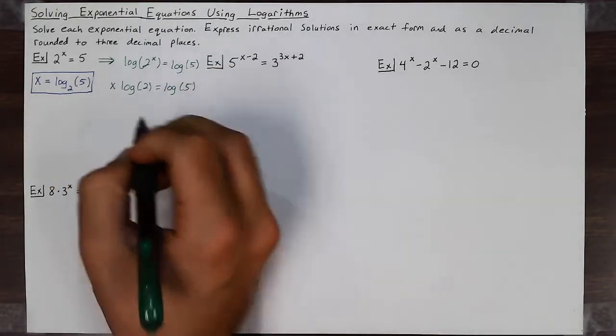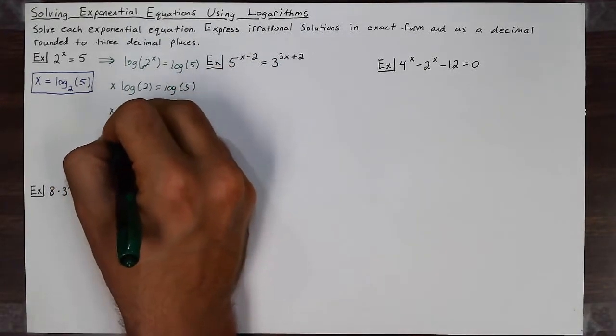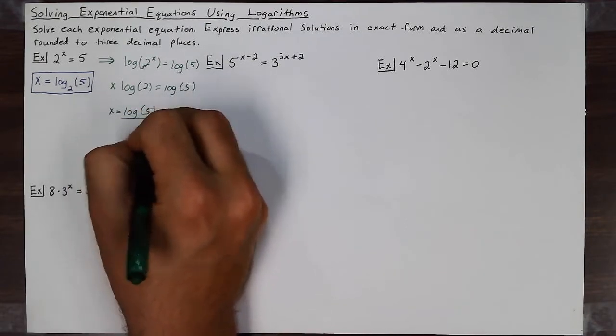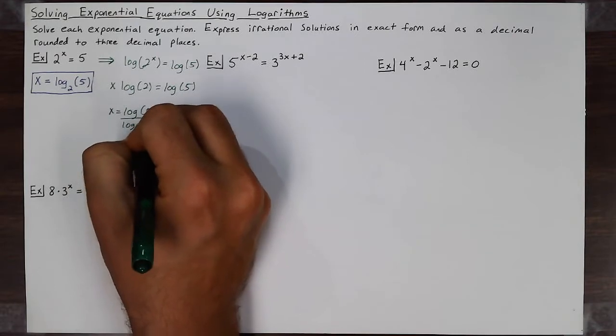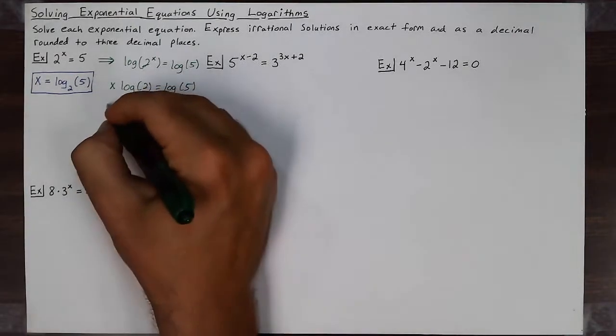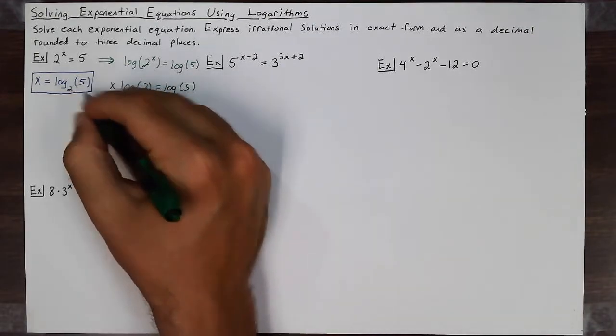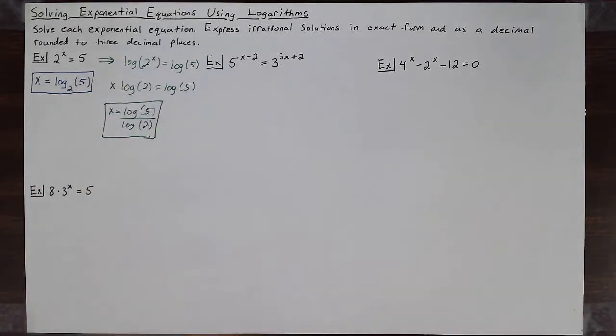We can divide each side by log of 2, and we'll get log of 5 divided by log of 2, which is also a correct solution. And if you notice, this is just a change of base formula away from the previous solution.